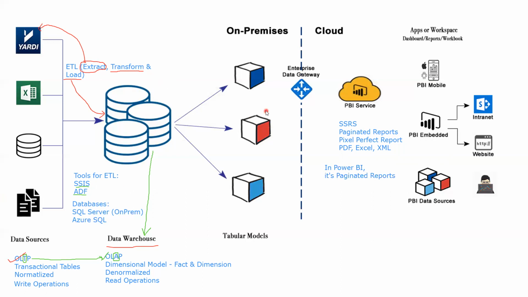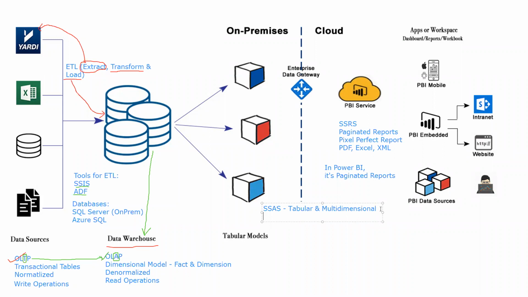And then after that, we have another service, which is called SQL Server Analysis Services. The tabular models we are seeing here are basically built using SSAS. Within SSAS, we have two different modes. One is tabular, and the other one is multidimensional.